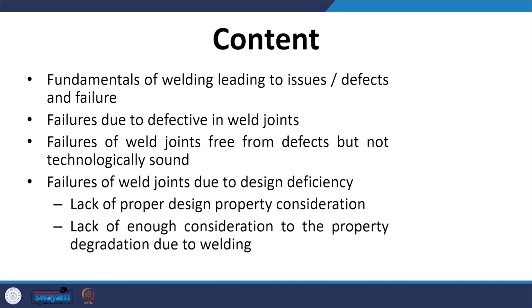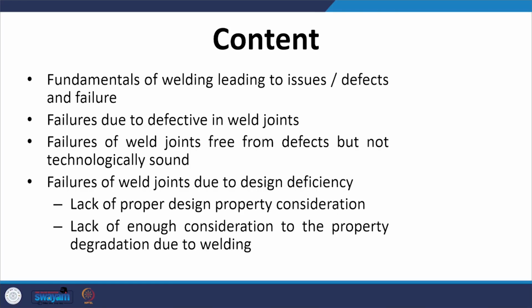So, technologically unsound weld joints are sound, meaning free from defect, but still failures occur due to deficiency in design, or deficiency in the desired set of properties, or properties having been modified beyond the limits, and that leads to the failure of the weld joint during service.